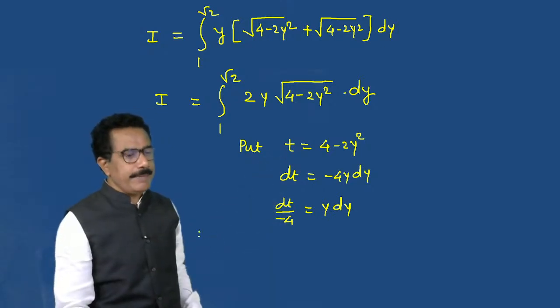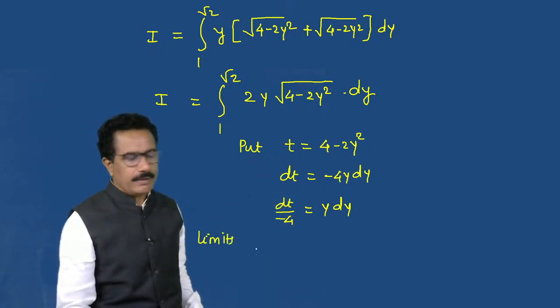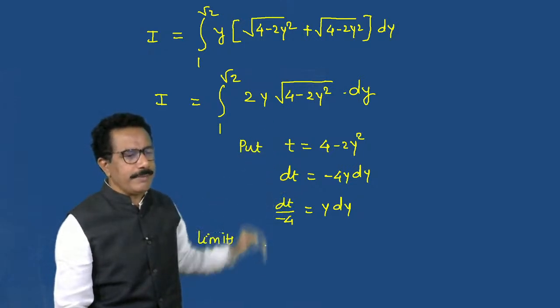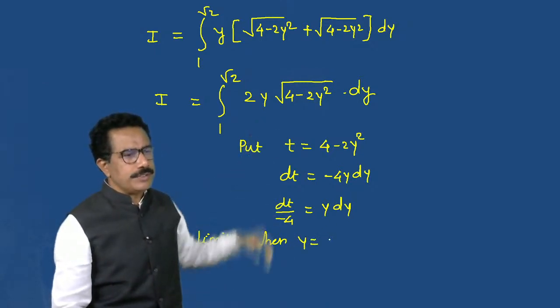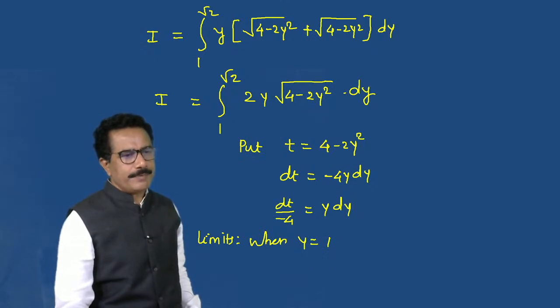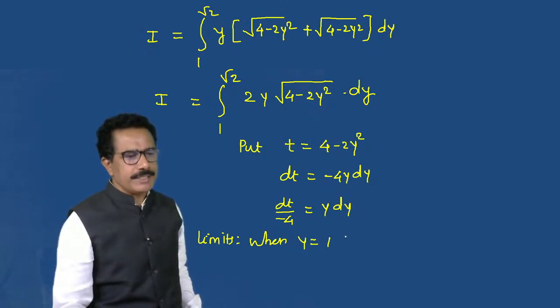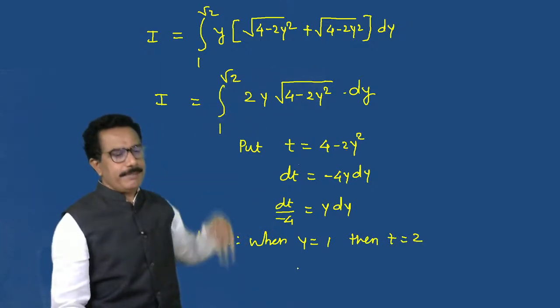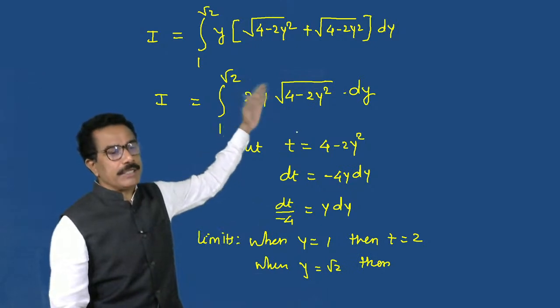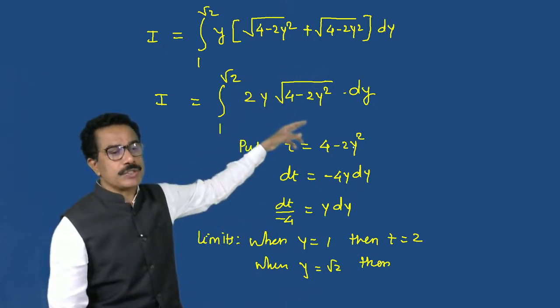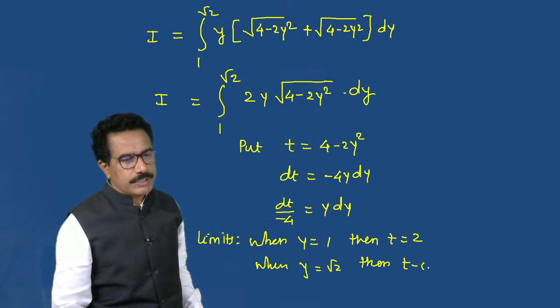Again we have to change the limits. Lower limit: when y is equal to 1, then t = 4 − 2, which is 2. Upper limit: when y is equal to √2, then √2 squared is 2, 2 times 2 is 4, so t is equal to 0.